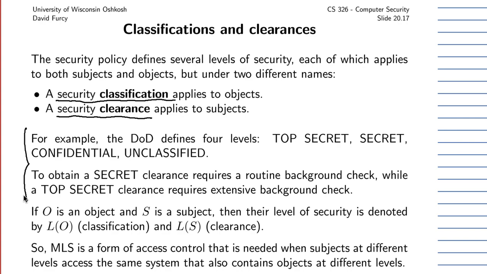In terms of notation, if O stands for an object and S stands for a subject, then their labels would be called L of O, the label of this object, and L of S, the label of this subject. In the case of an object, the label is called the object's classification, whereas in the case of a subject, the label is called his or her clearance.